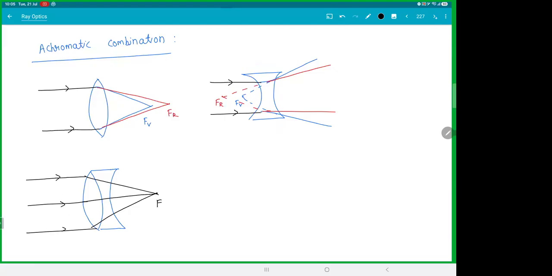This is called an achromatic combination. So if this lens has focal length f1 and this one has focal length f2, which is negative here, and omega 1 and omega 2 are the dispersive powers of the lenses. Now, we don't need the derivation here.